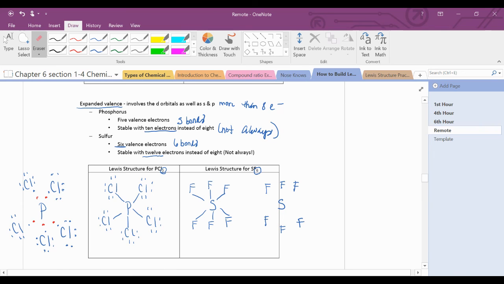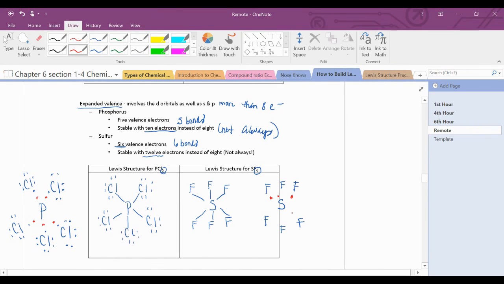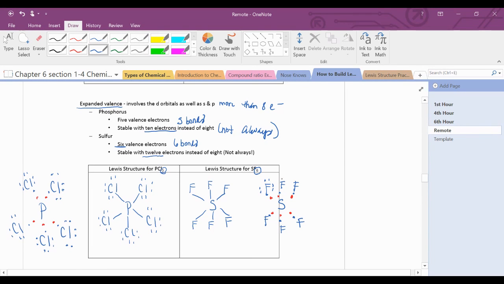And sulfur has 6 electrons, 1, 2, 3, 4, 5, 6. And then the fluorines have 7, so 1 in the bond, and that leaves 6 remaining. So that means it's going to have 3 lone pairs around each fluorine.